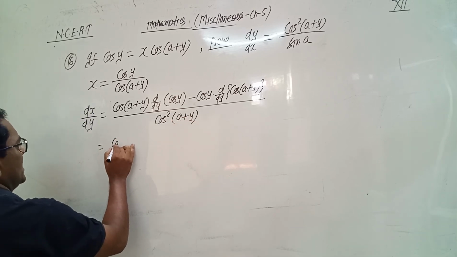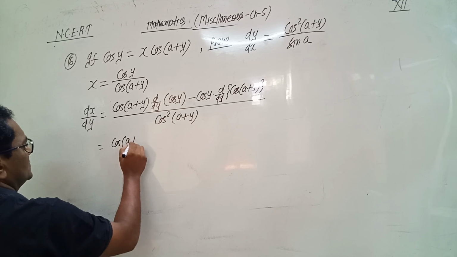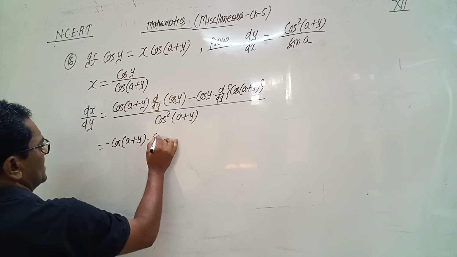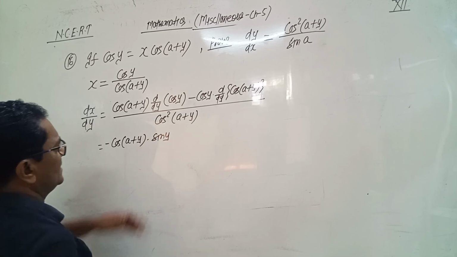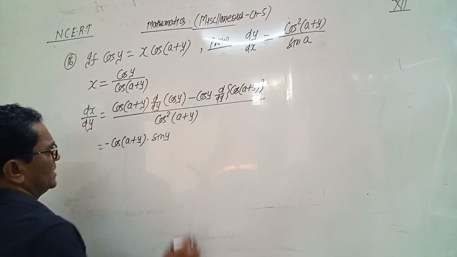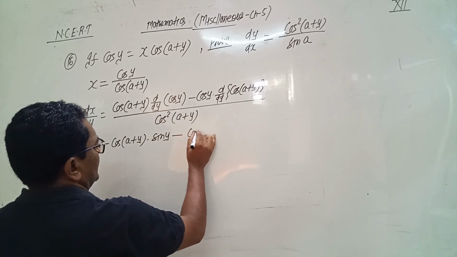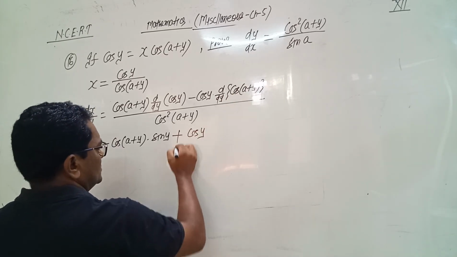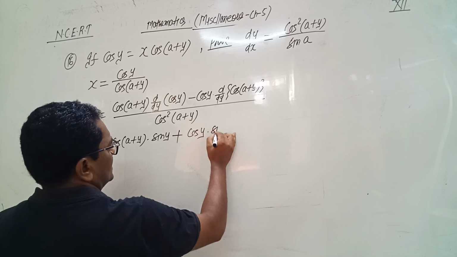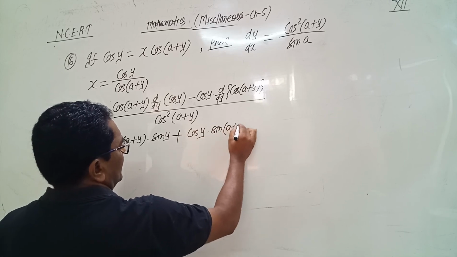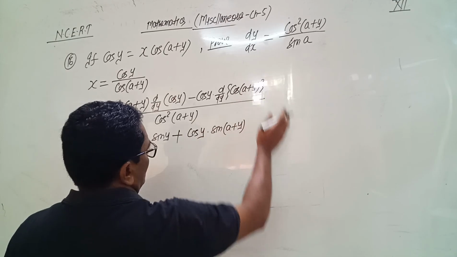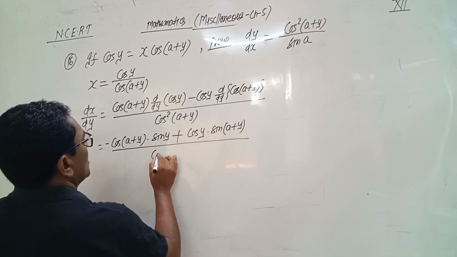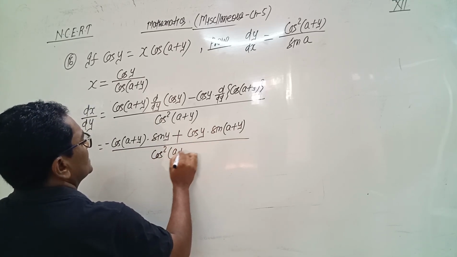So cos(a plus y) as it is, and differentiation of cos y is minus sin y, and differentiation of y with respect to y is 1, minus cos y. Differentiation of cos(a plus y) is minus minus plus sin(a plus y), and differentiation of a is 0 and differentiation of y is 1, upon cos square (a plus y).